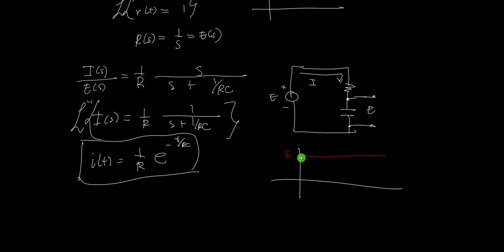It will look like this one. And if you can see, steady state, when it reaches infinity, this will become 0. This is the transient part, and this is the steady state response. This is the current i_s(t). And this value here, this is 1 over R. You start at 1 over R because E is equal to 1.